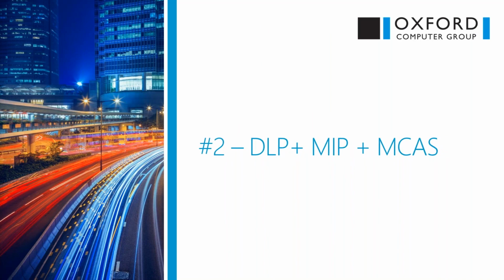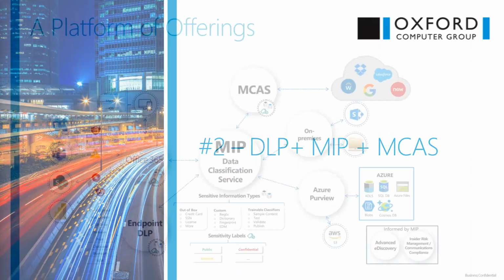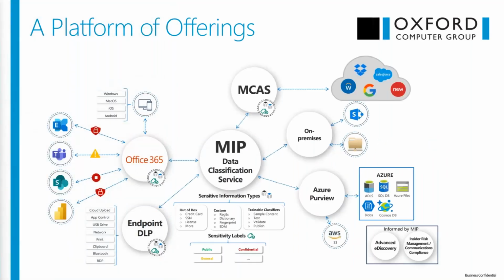The second to last way is leveraging DLP, Microsoft Information Protection, and MCAS together. This could be a whole separate webinar unto itself, but real quick, essentially, MCAS is part of a platform of offerings, right?